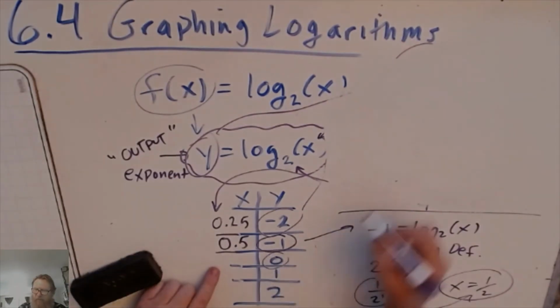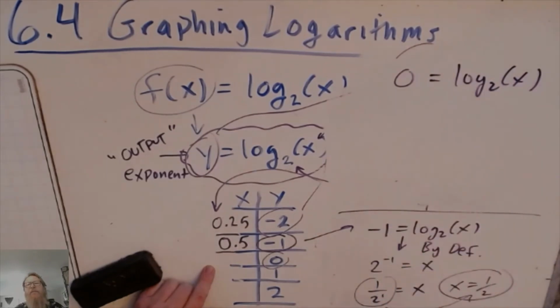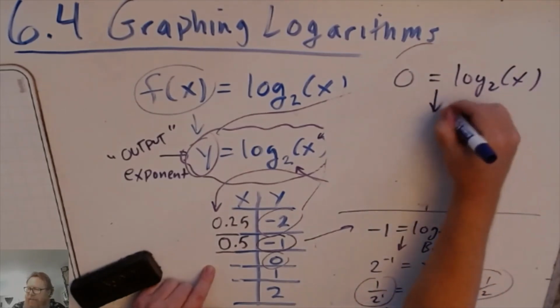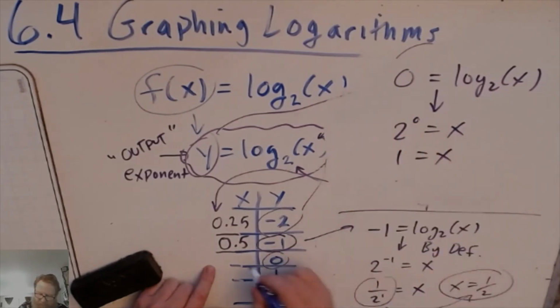How about 0? So I got 0 equals log base 2 of x. So again, by definition, x is equal to 2 to the 0. So x is equal to 1.